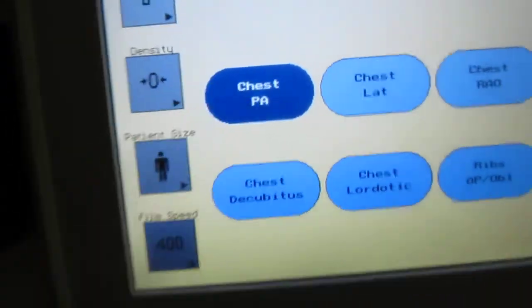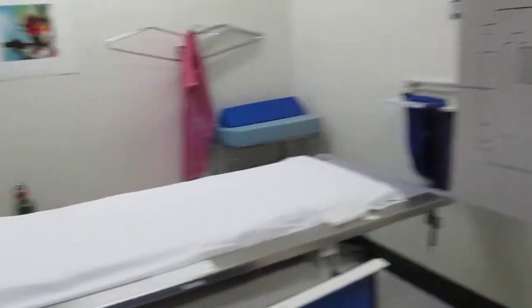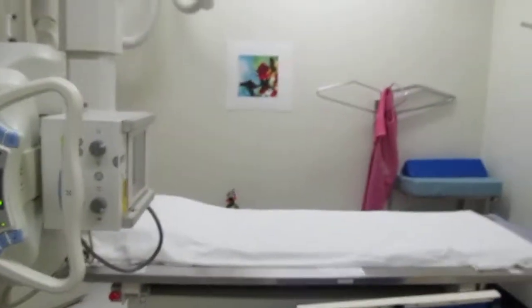Come over here and choose my technique, chest PA, and I have a cassette here, 14 by 17 crosswise, shield, and this is detented. Also in theory I would pull up the x-ray on the computer.